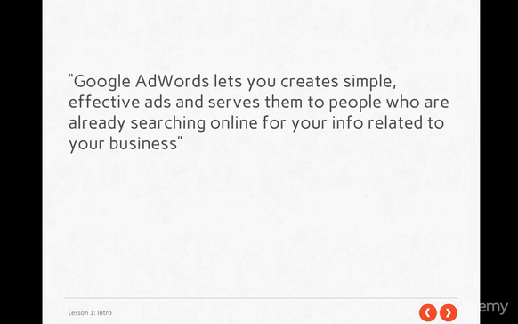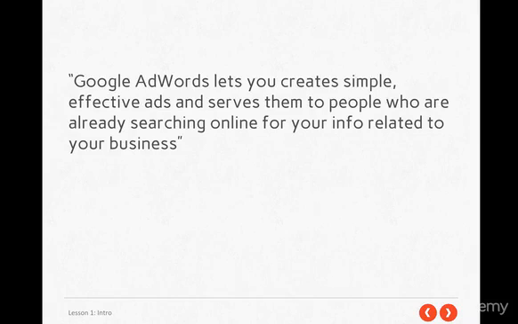Now, that's Google search, but what's the difference between Google search and Google AdWords? Well, here's the description that Google gives. Google AdWords lets you create simple, effective ads and serves them to people who are already searching online for info related to your business. Now, that's a great explanation and puts Google AdWords in a really easy to understand format.